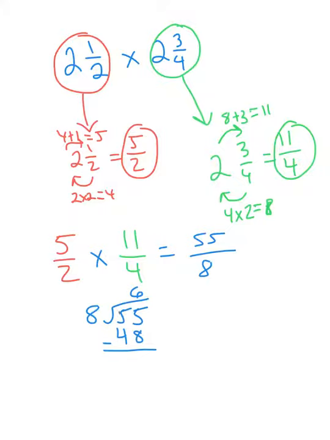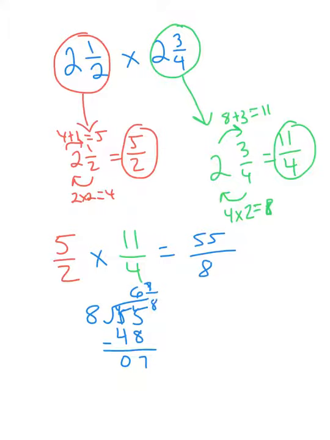So that turns into a 4 and this into a 15. 15 minus 8 is 7, and 4 minus 4 is 0. So I have 7 left over, and that's going to go on my top fraction. So I have 7 over this 8 right there.